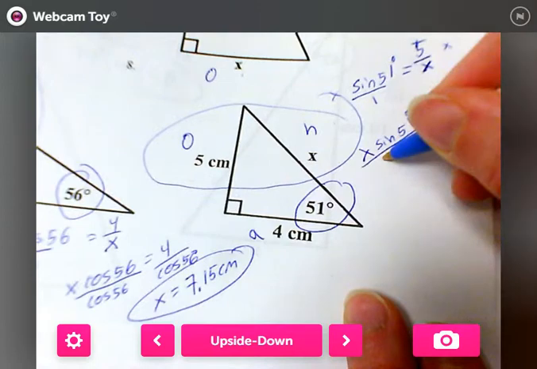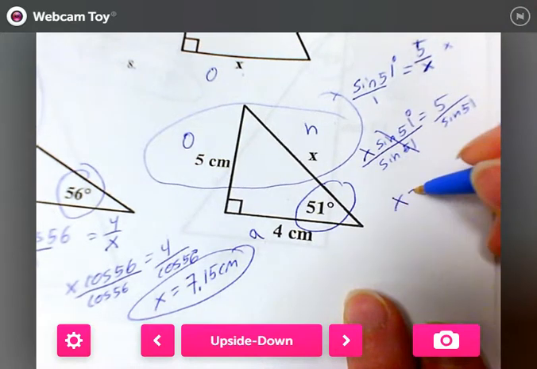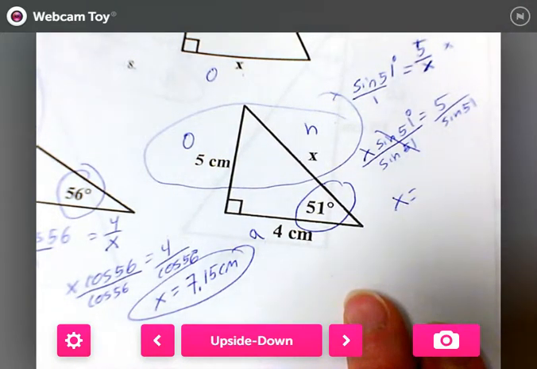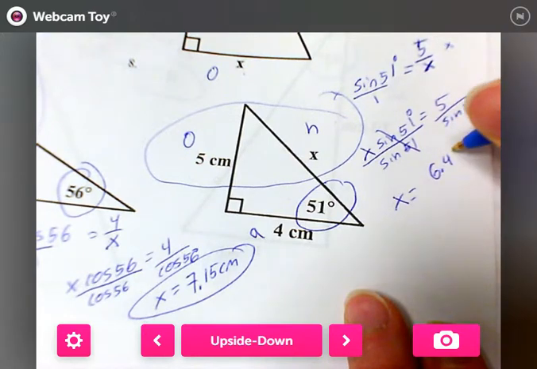Yeah, we divide. Sine of 51. So x equals, and we put it in our calculator, 5 divided by sine 51. And we get 6.43 centimeters.